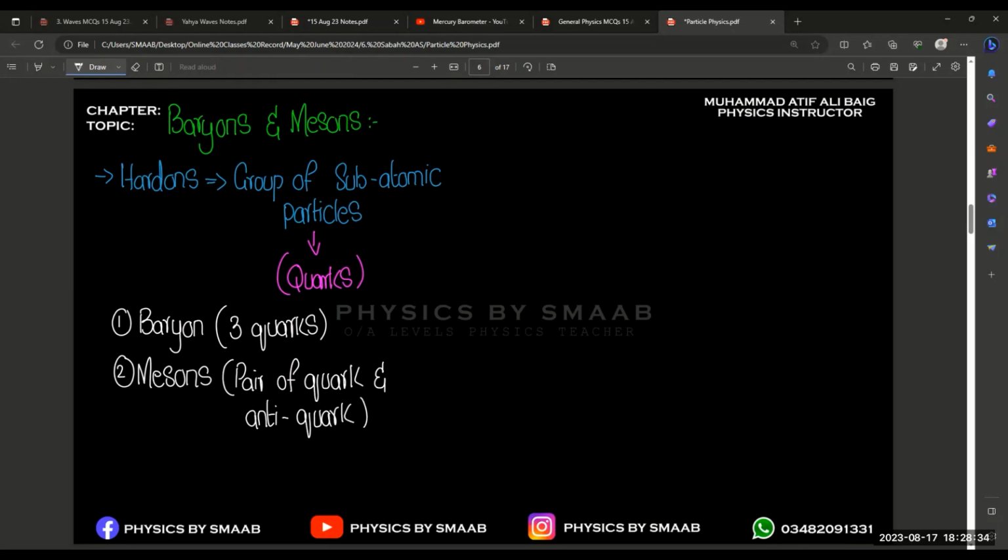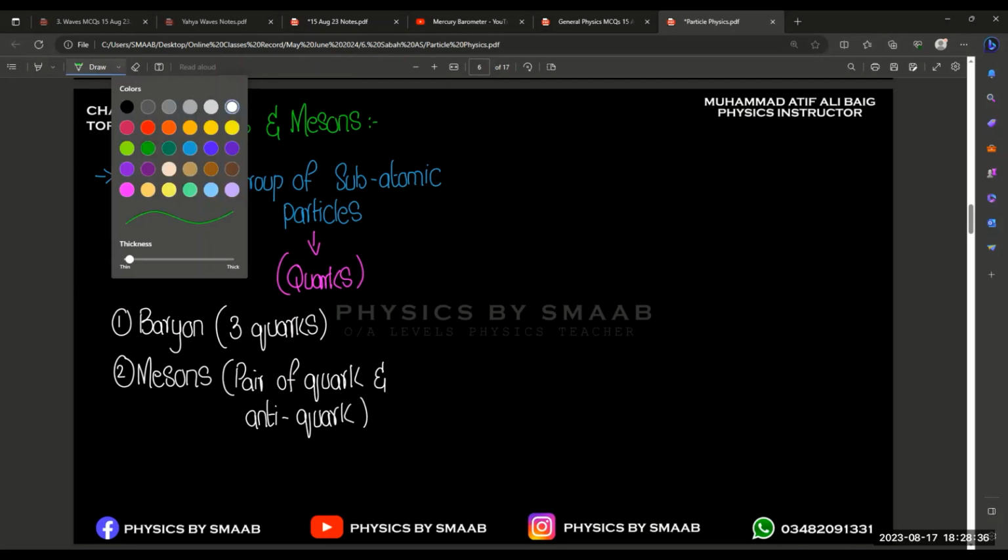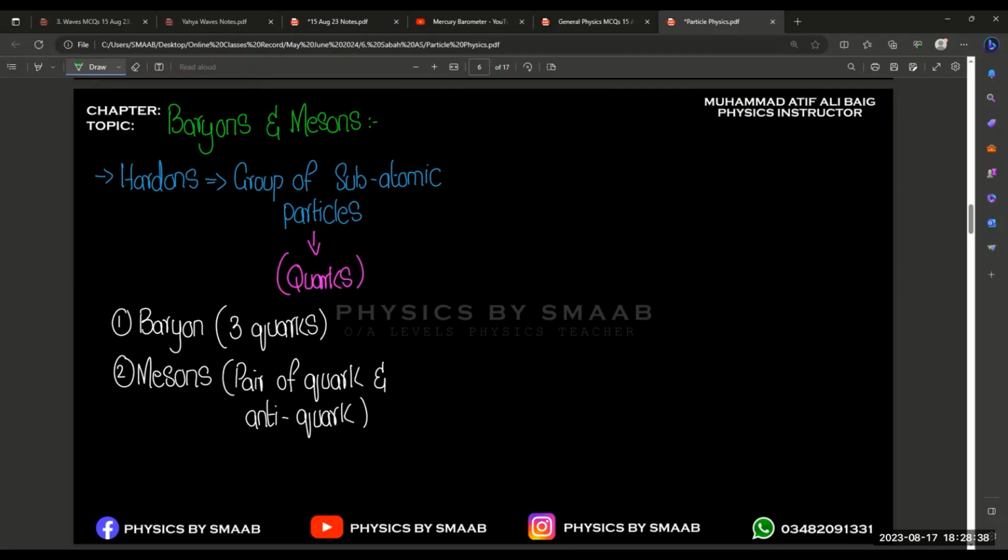So these are the two categories, and these two categories are the categories of hadrons. If we want to differentiate specifically according to their specification, these are the two categories.